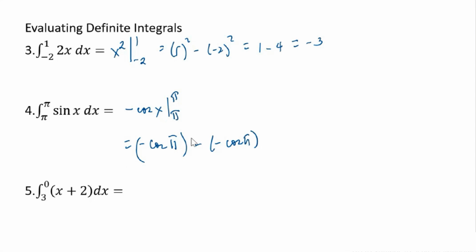By simplification, negative times negative cosine pi gives positive cosine pi. So even without using the exact value, because this expression gives us an additive inverse, this is equal to 0.